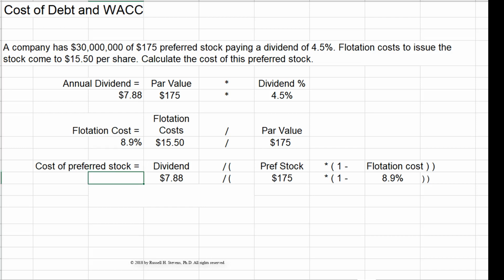In the lowest format, the percentage cost of preferred stock is calculated. Note that the dividend amount and the flotation cost have both been entered into the format using cell references.